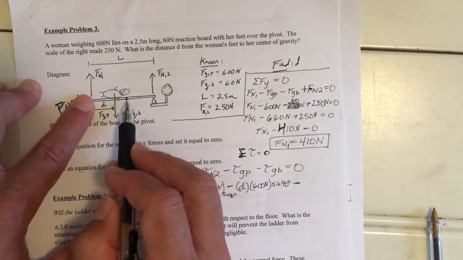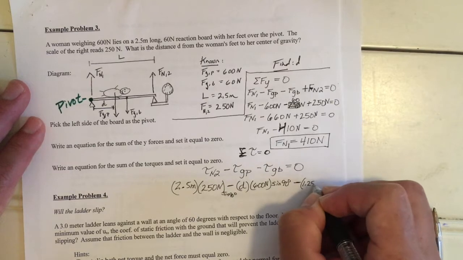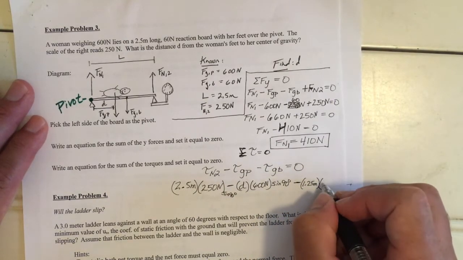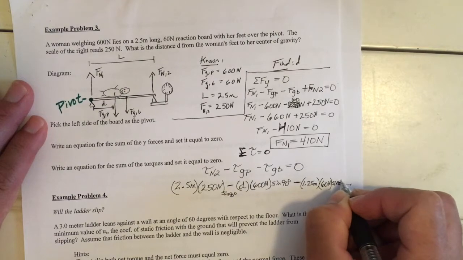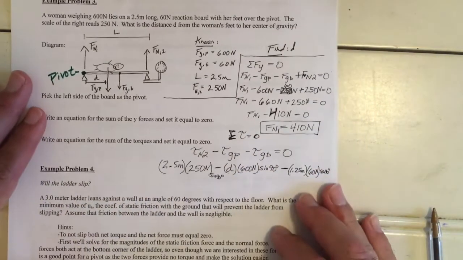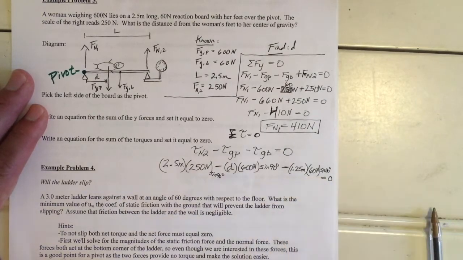So we can say 1.25 meters times the weight of the board, 60 newtons, times sine 90. Running out of room. And all of this is equal to 0.